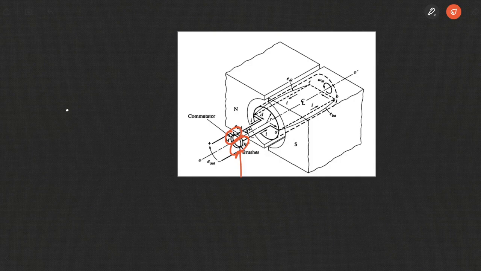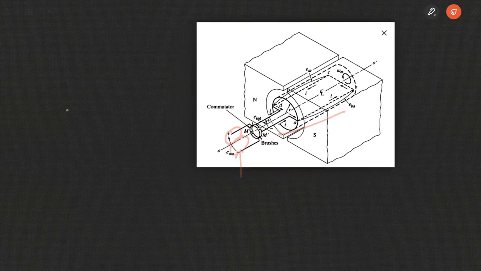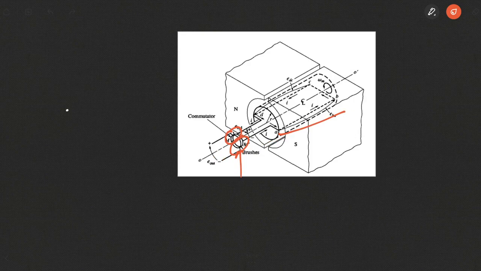So always in the segment AB, the voltage that will be induced will have the same polarity, whether AB is at this end or the coil segment DC is at this end. This brush segment will always carry the current that will be flowing through this path. Fine.